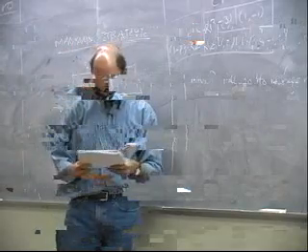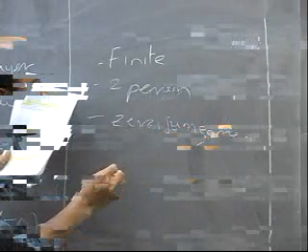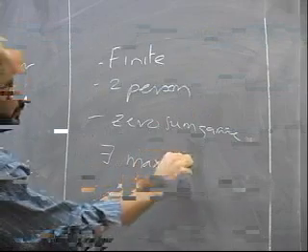Now the theorem basically says every finite two-person zero-sum game has a solution. If these conditions hold: we have a finite game, which means the number of strategies is finite, it's two-person, and it's a zero-sum game. Then there exists a maximin strategy for both.